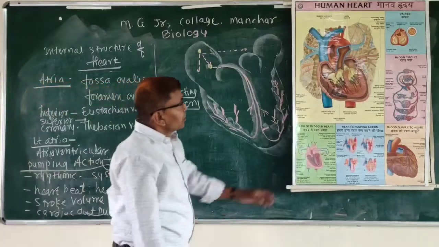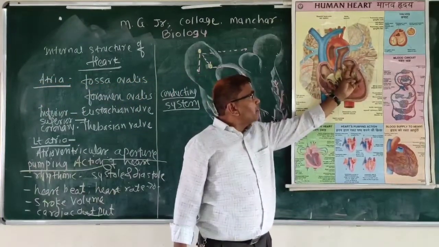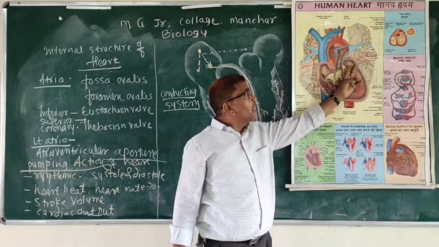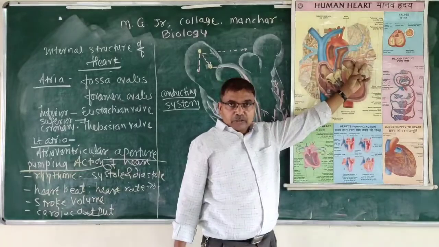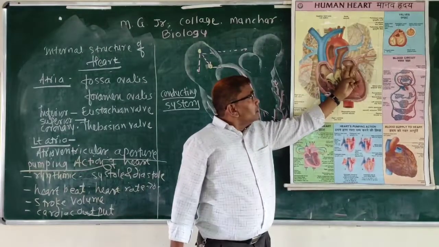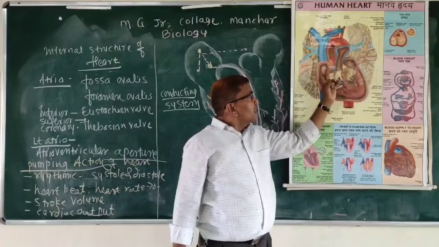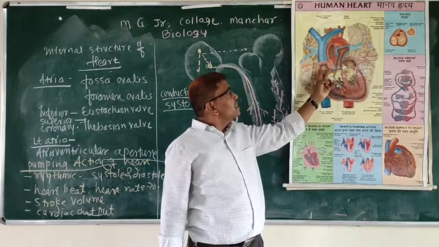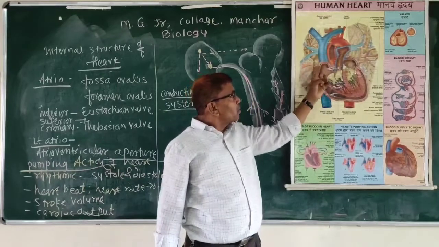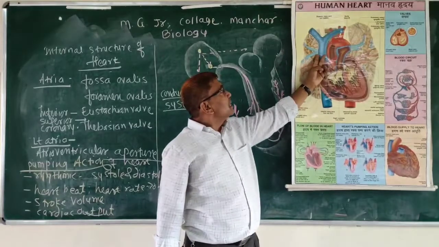Then, about every atrium: the left atrium receives oxygenated blood with the help of 2 pairs of pulmonary veins. At the same time, the right atrium receives deoxygenated blood with the help of 3 vessels.